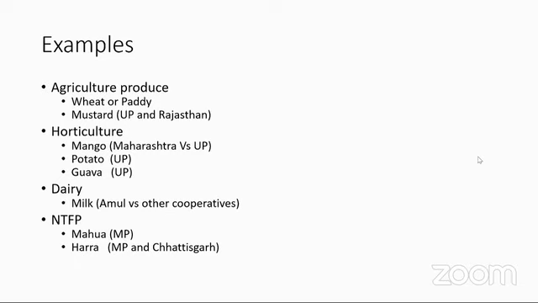So, to highlight the importance of grading, I will start with mango. Everyone knows that UP is one of the states where mango of really high quality is produced. But in UP, most of the producers or orchard owners give the orchard to the aggregator or kuchia on lease.